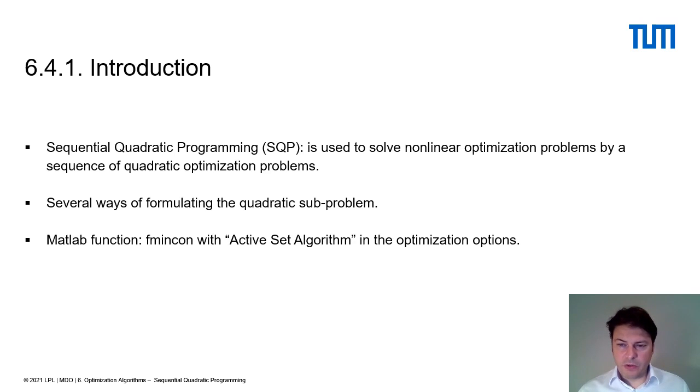We will show you one of them. In MATLAB, you can access the underlying algorithm by the so-called fmincon, which is quite a famous procedure, by activating the active set algorithm flag in the optimization options.